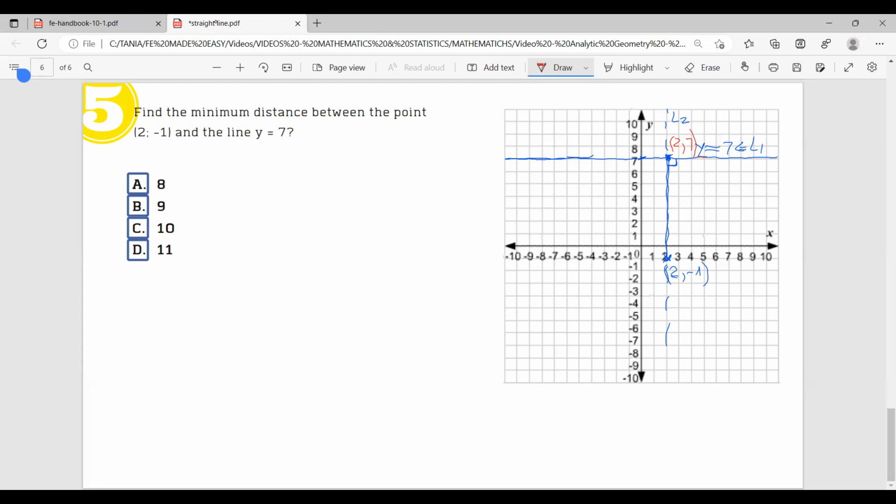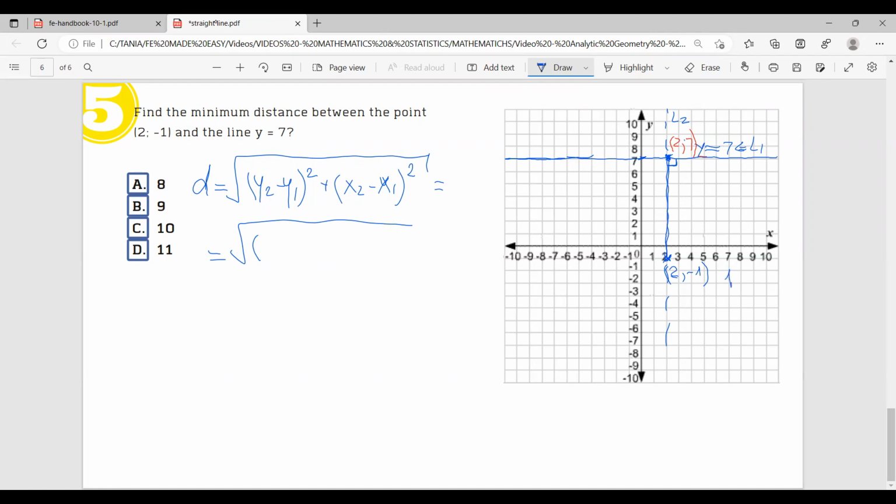So now we have 2 points, and we know how to calculate the distance between 2 points: the square root of (y2 minus y1) squared plus (x2 minus x1) squared. Either of these points can be point 1 and either of them can be point 2. It doesn't matter. You can choose the other way around.